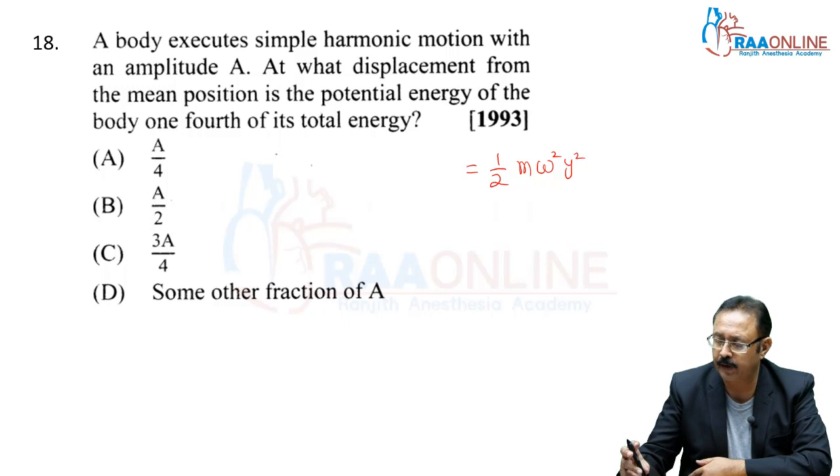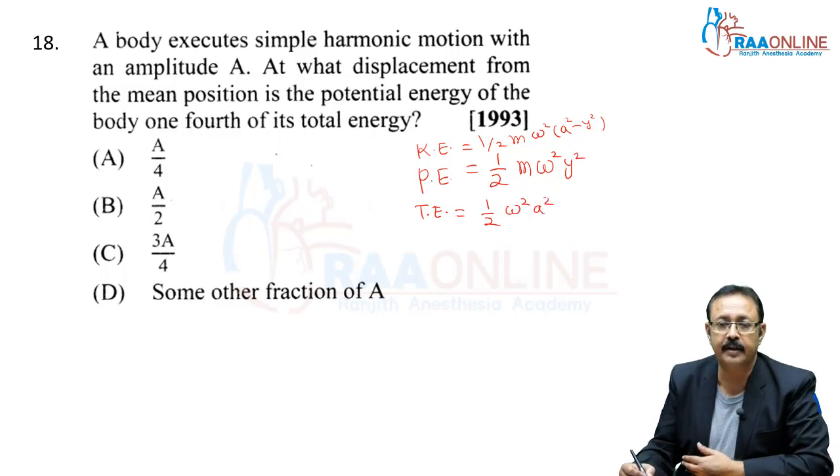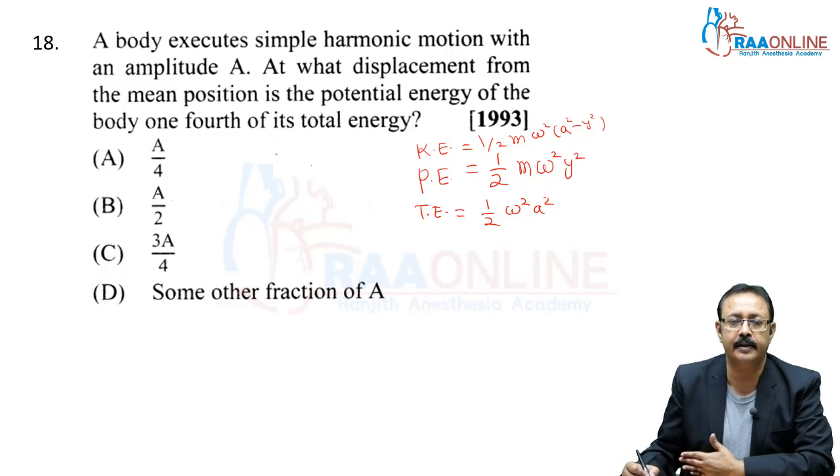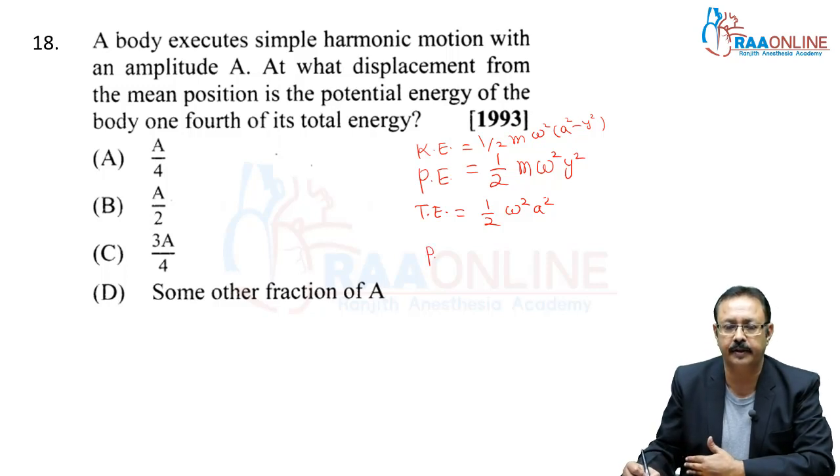What was the formula for kinetic energy? No need, but you should know kinetic energy was half m omega square (a square minus y square), and total energy was half m omega square a square. What they are saying is, at what value of y is potential energy 1/4 of the total energy?